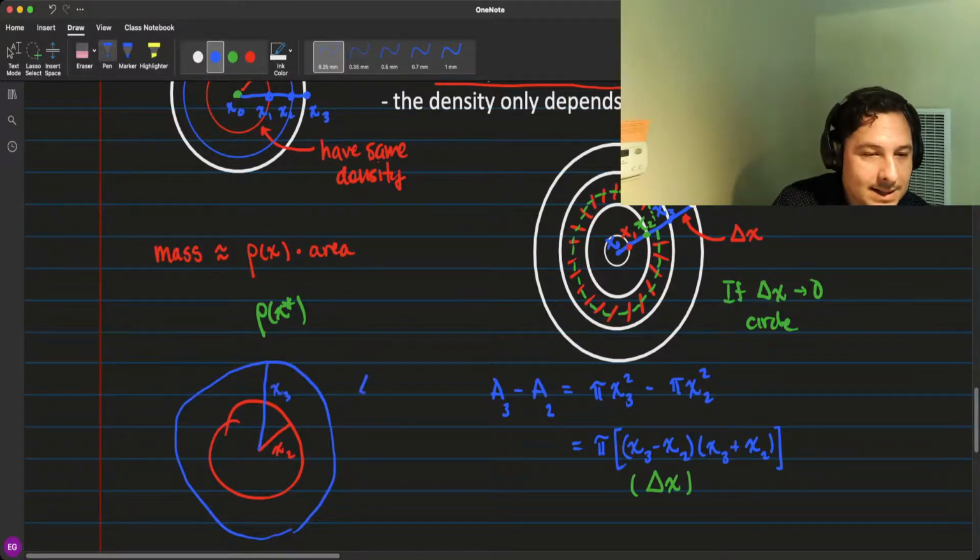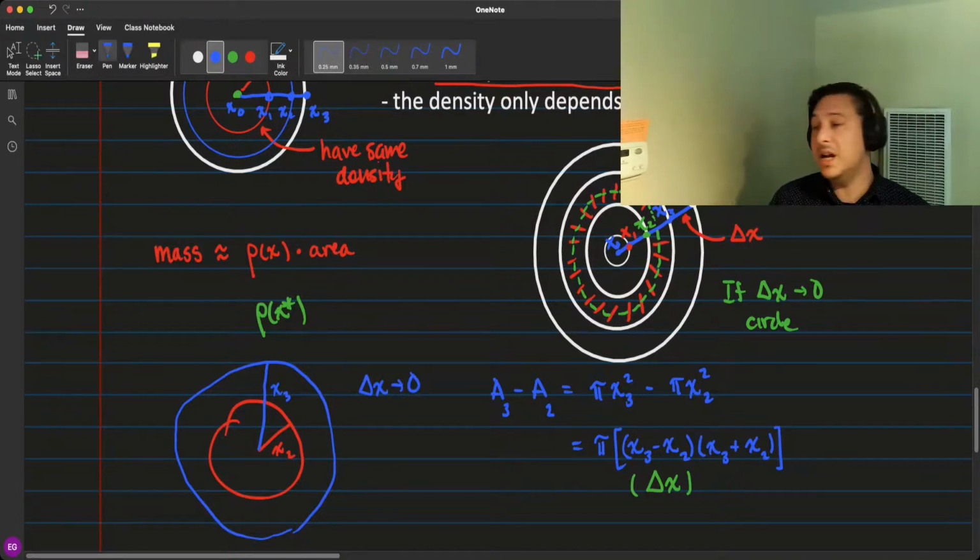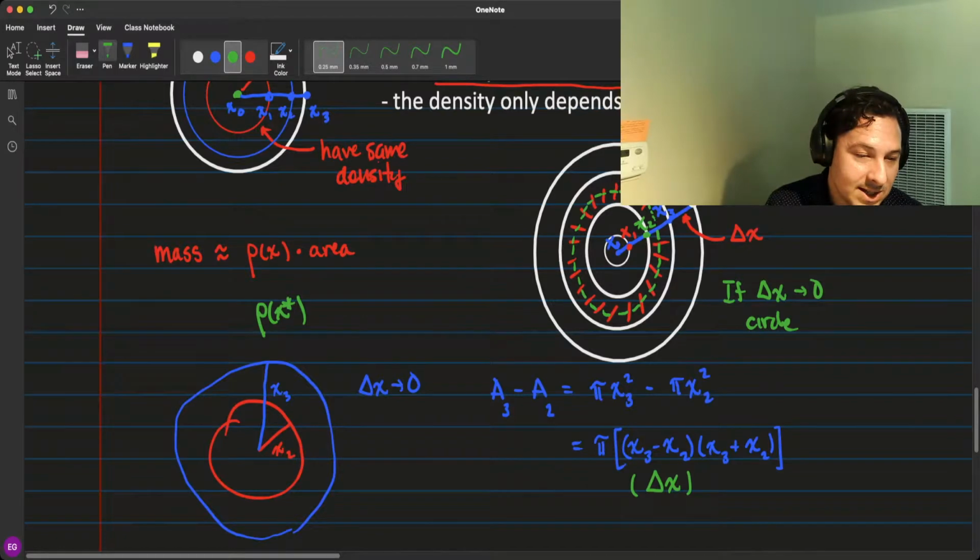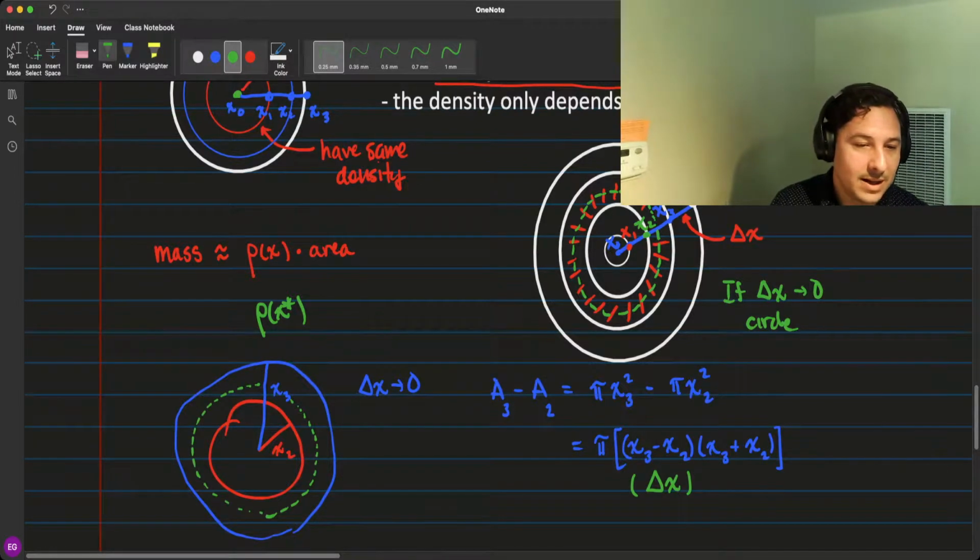As delta x goes to 0, what's between x2 and x3 that we talked about earlier? Well, x star, which is their midpoint. I'm sorry, I have a really bad drawing there, but this is the x star.